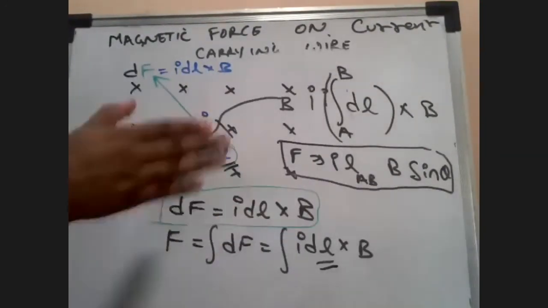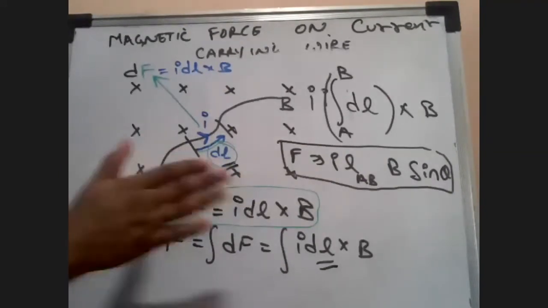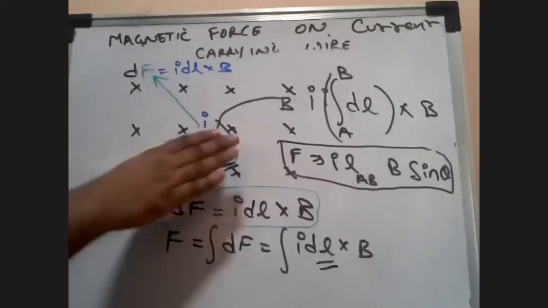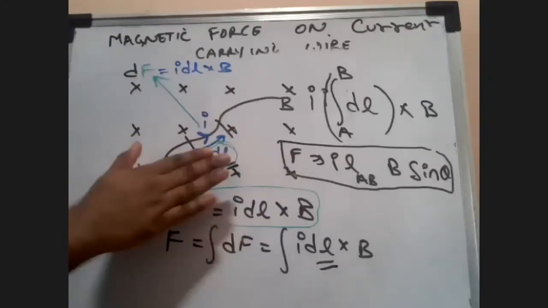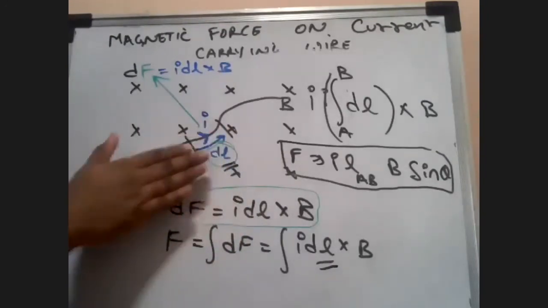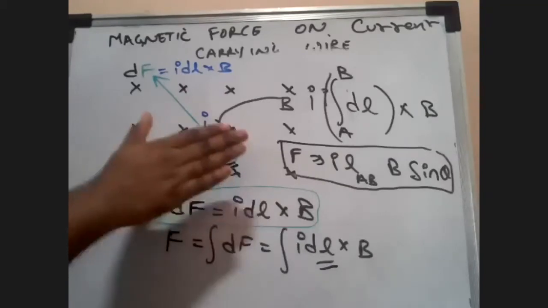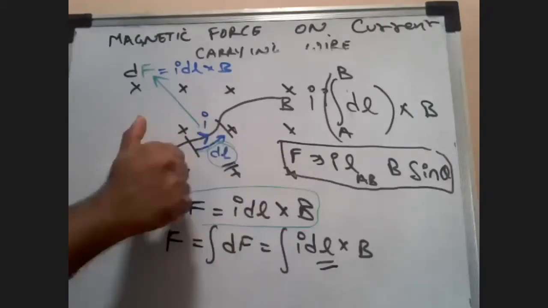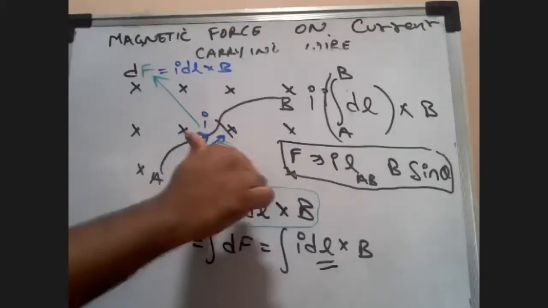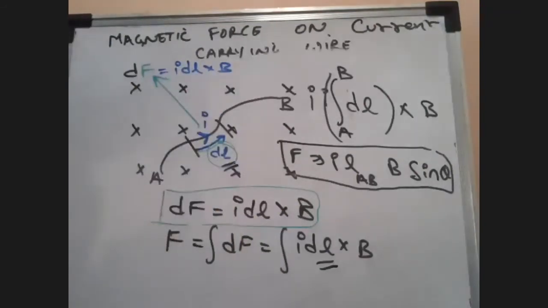Apply your right hand rule. Put your four fingers aligned towards the length vector, which is in the direction of the current, and curl your four fingers towards the magnetic field. In that case, your thumb will represent what? It will represent the force. So dF is equal to I dl cross B.